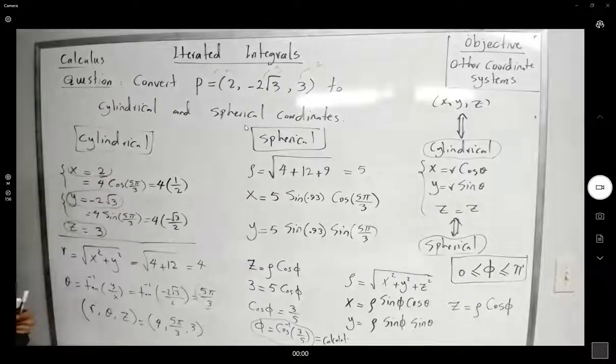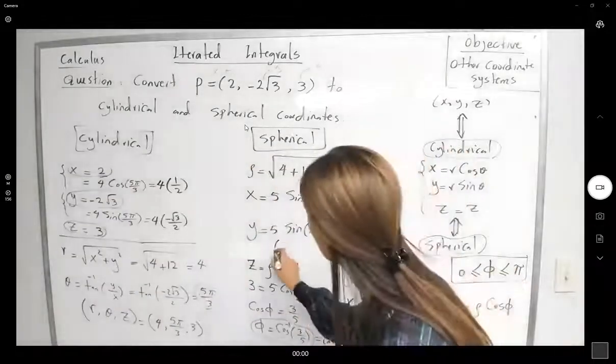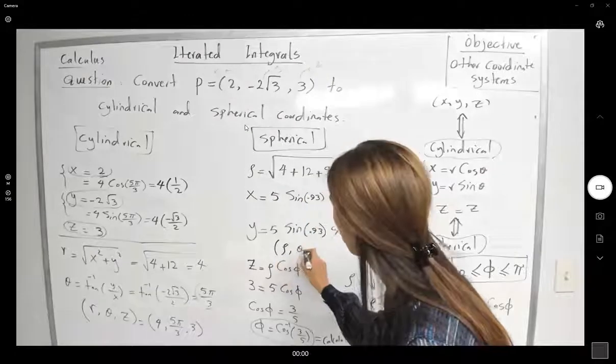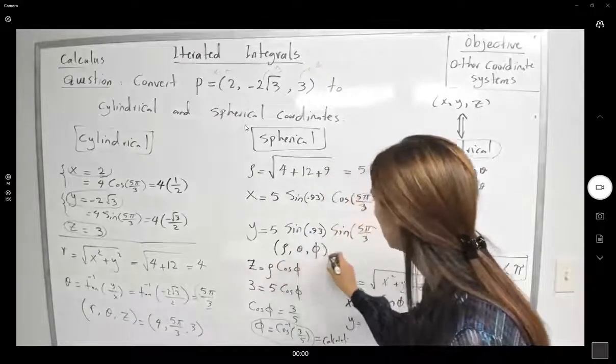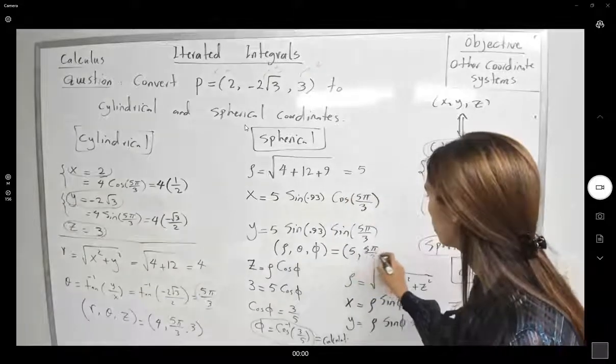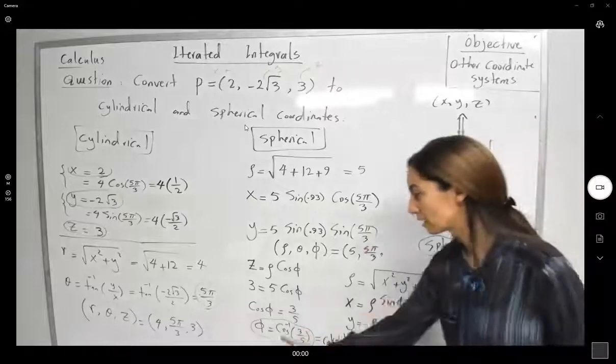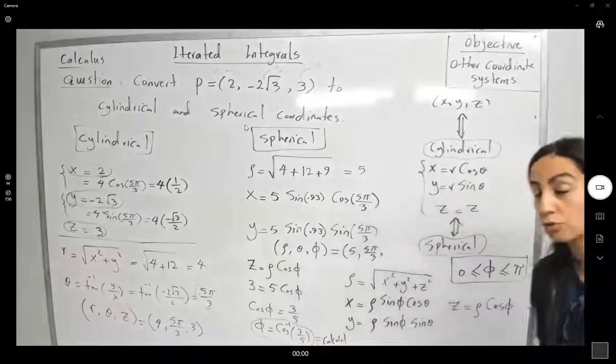So the point in spherical coordinates is rho, theta, and phi, which is 5, 5 pi over 3, and inverse cosine of 3 over 5. If you want to make sure it is exact, you need to copy down inverse cosine 3 over 5.